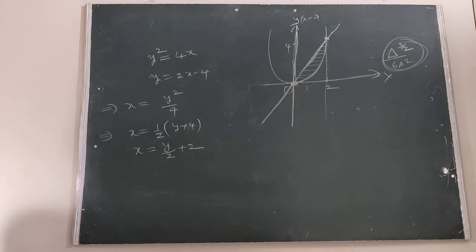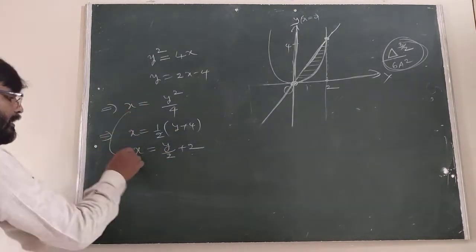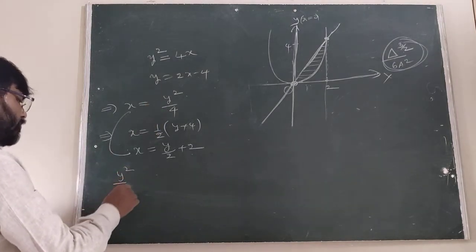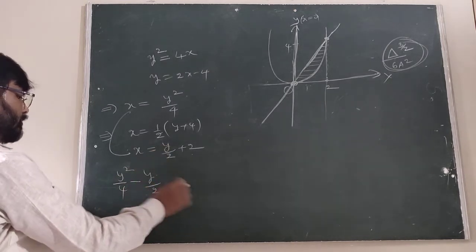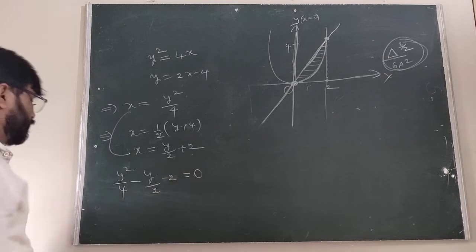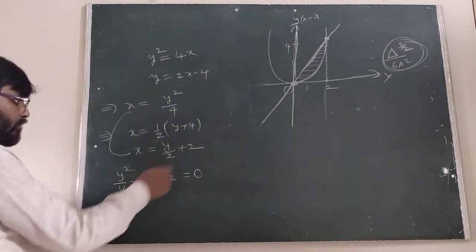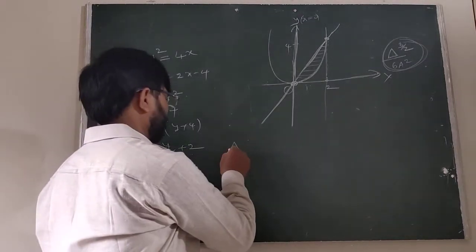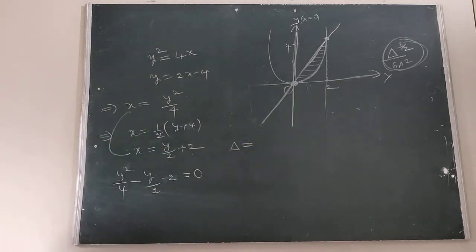Dear students, you can write this as x equal to x1 minus x2. That can be written as y square by 4 minus y by 2 minus 2 equal to 0. Therefore delta is undoubtedly b square minus 4ac.